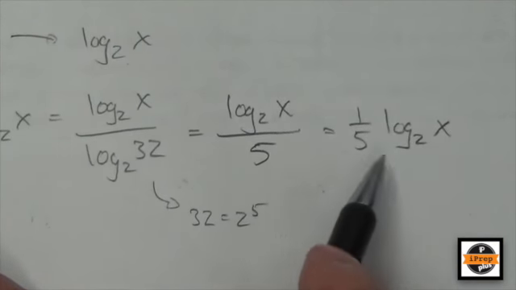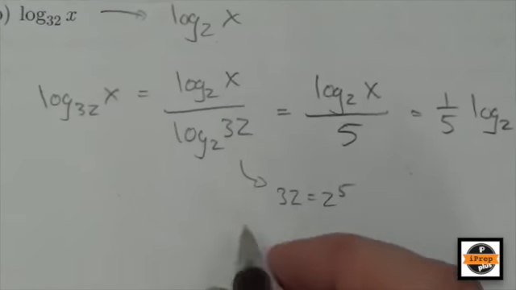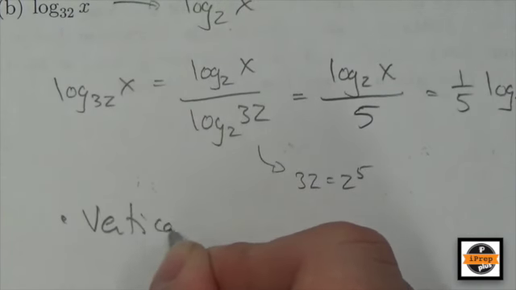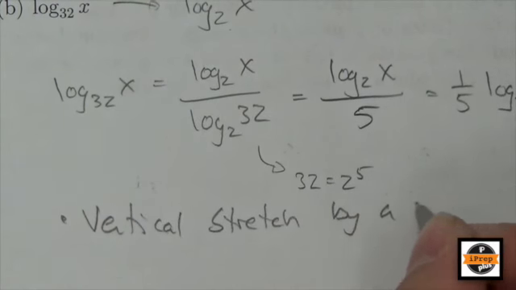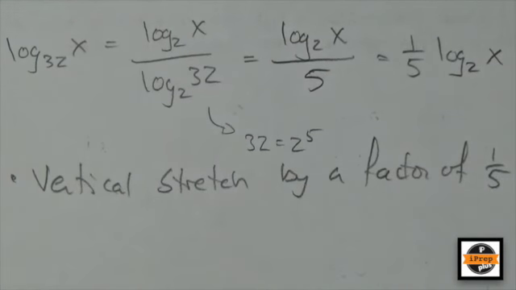So I get 1/5 log base 2 of x, and notice that that 1/5 now becomes a coefficient. So this is a vertical stretch by a factor of 1/5. Vertical stretch by a factor of 1/5.